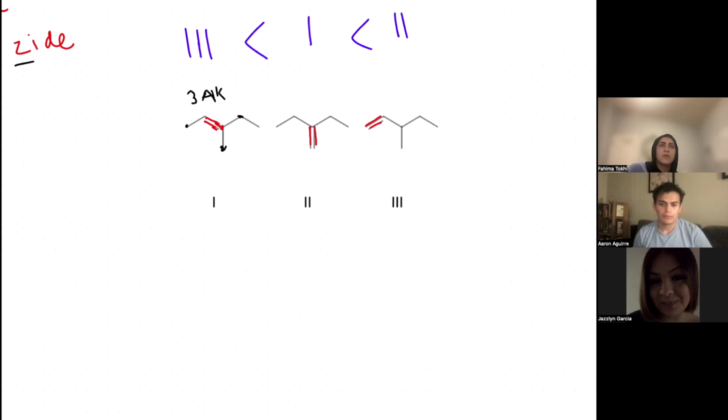So we're only looking at whatever's connected to this carbon and this carbon. We wouldn't count the ones way far out, just the ones connected to either of the two carbons making up the double bond.